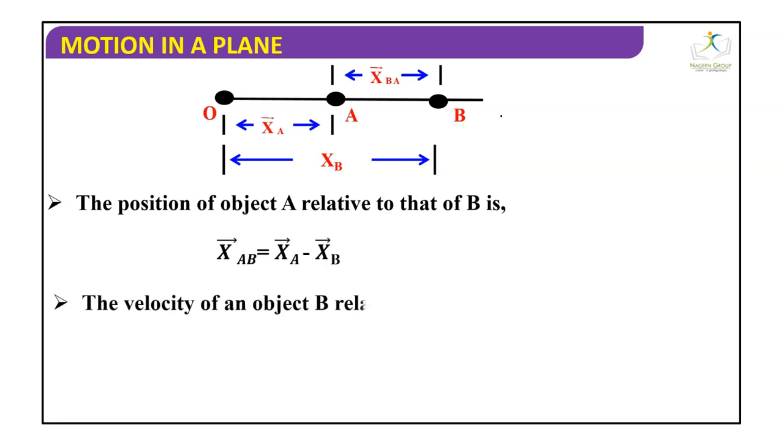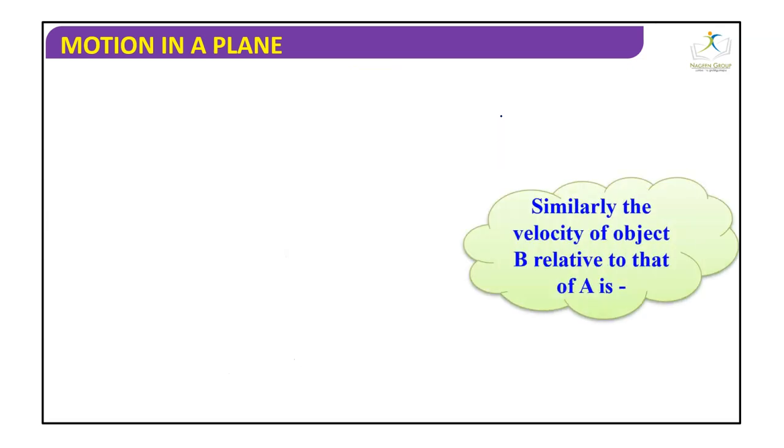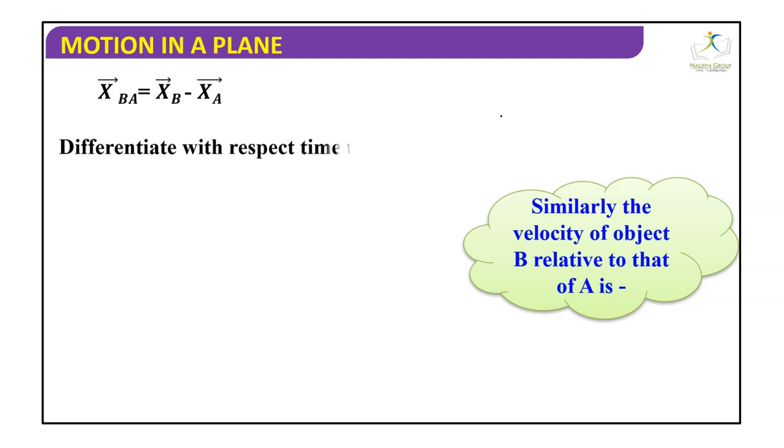The velocity of an object B relative to the velocity of an object A is VBA, which equals VB minus VA. Similarly, the position of object B relative to that of A is XBA equals XB minus XA.